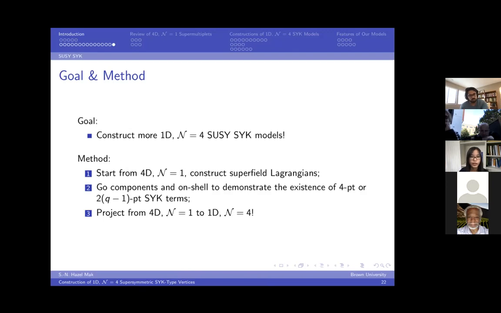Then our second step is we'll go to components, and then go on-shell to demonstrate the existence of 4-point or 2q minus 1 point SYK terms. And then after we know that these are SYK type models, our next step is to project from 4D n equals 1 to 1D n equals 4.